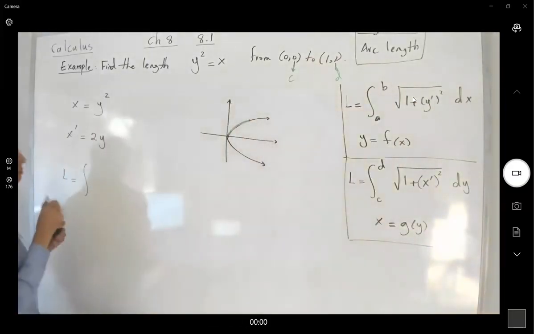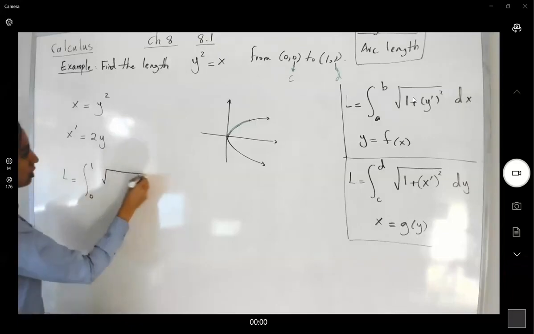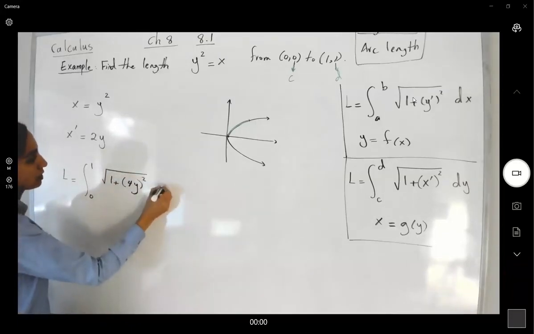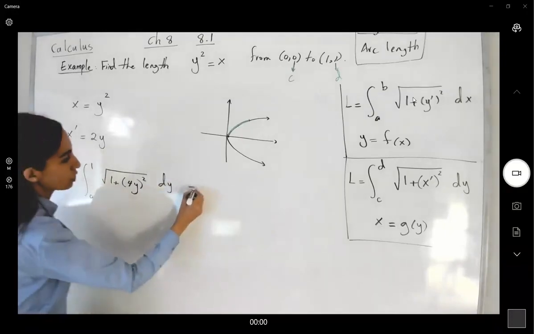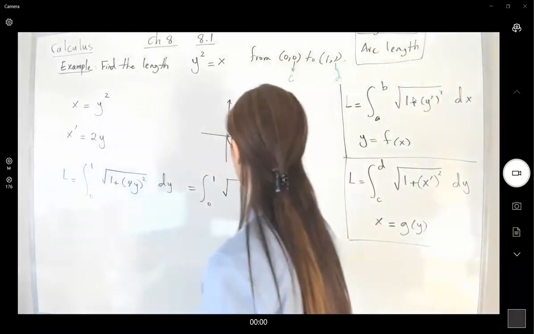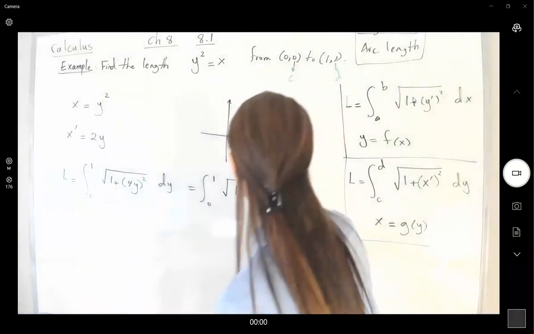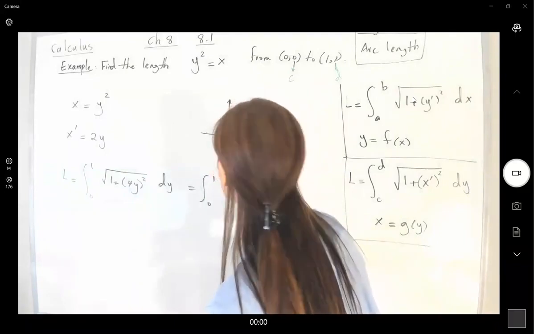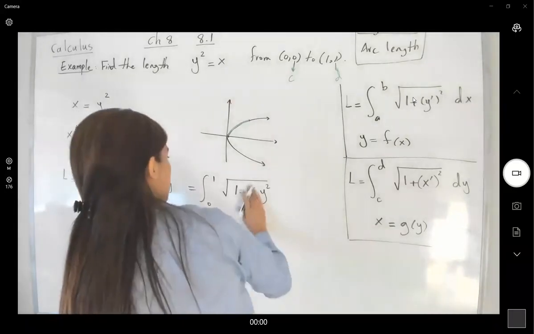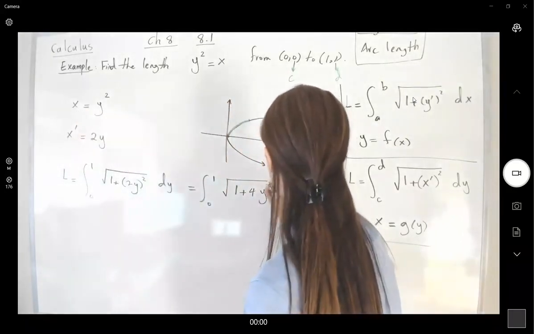From 0 to 1 of the square root of 1 plus 4y squared dy.